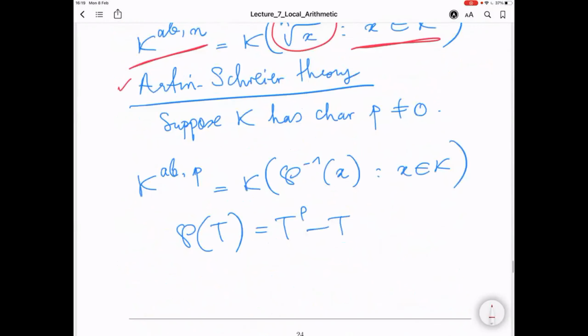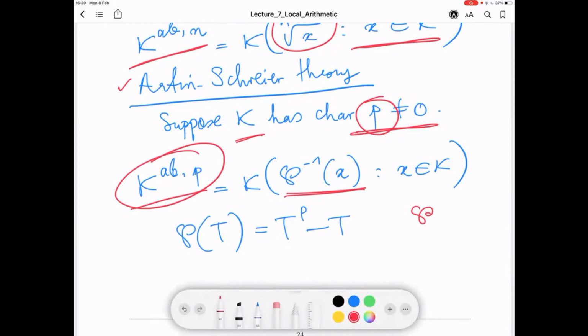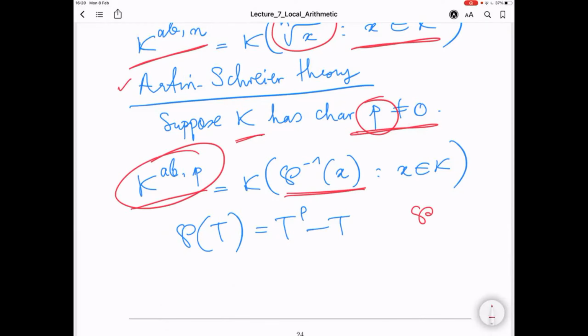Similarly, there's this thing called Artin-Schreier theory, where you have an arbitrary field K, but of characteristic different from 0. Then it has to be a prime number p, and it tells you what the maximal abelian extension of exponent p is, where p is the characteristic of this field. It says that this maximal abelian extension of exponent p is obtained from K by adjoining ℘^{-1}(x). ℘ is sometimes called the Weierstrass p, an old German way of writing p, and it stands for this polynomial, t^p minus t.